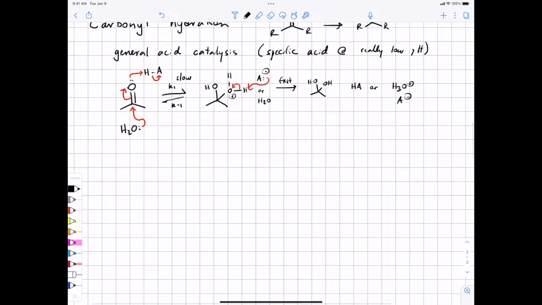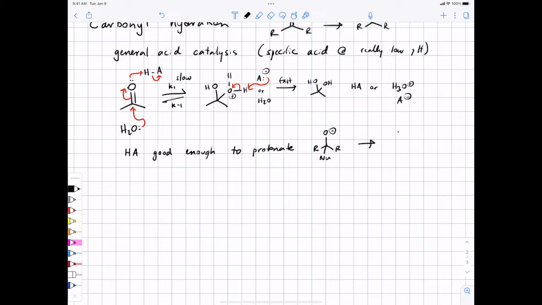Now, whether or not you can do general acid catalysis, because the acid's involved in the rate determining step, the acid matters, and you basically need an acid that is good enough to protonate a negatively charged oxygen, so that you don't ever form that, right?